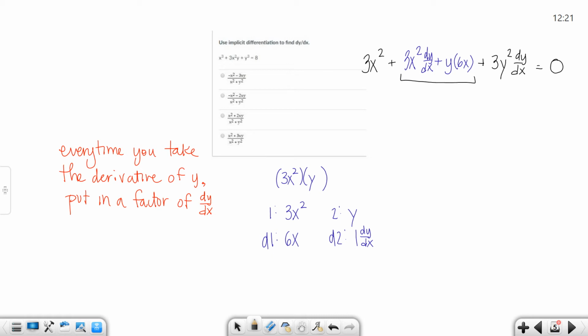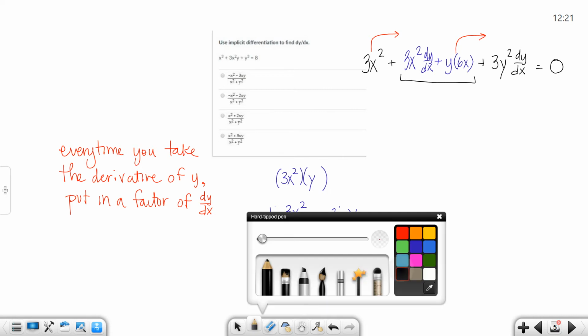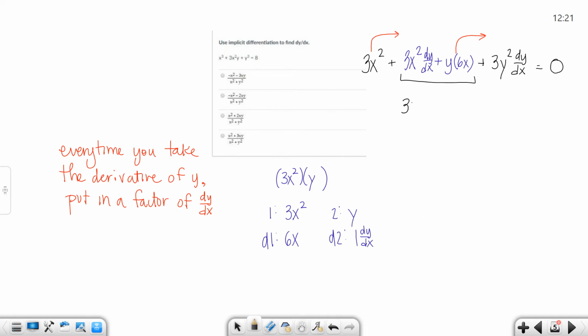Now once you get there, you want your dy dx's to stay on one side, and you want everything else to move to the other side. So I'm going to move this piece over, and I'm going to move this piece over. So 3x squared dy dx plus 3y squared dy dx would equal negative 3x squared negative 6xy.